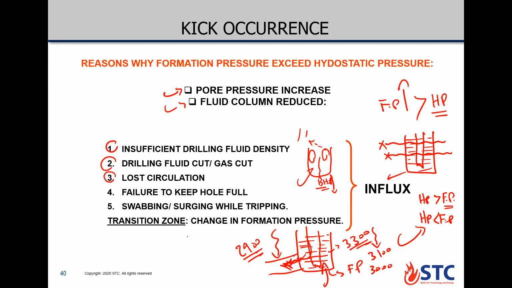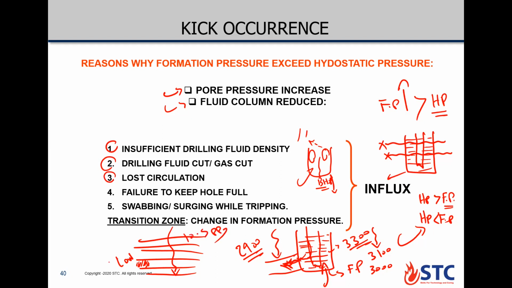Okay, so the sequence of the formation you drill, for example, like this. Let's say we have here a low pressure formation. So you make your hydrostatic pressure calculation or your mud program to have 10.5 ppg.